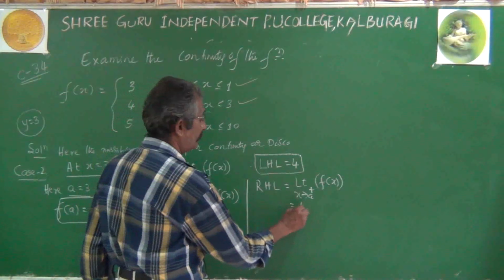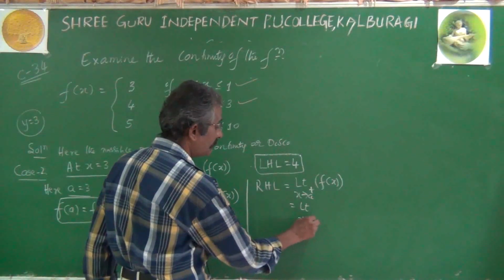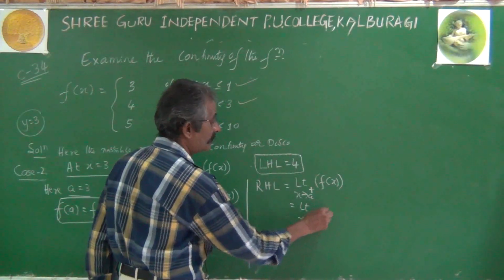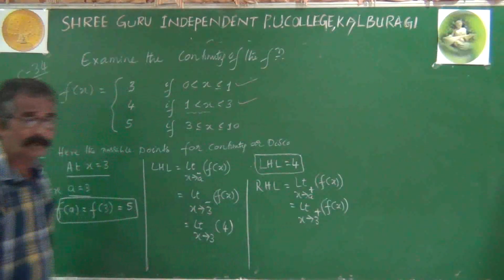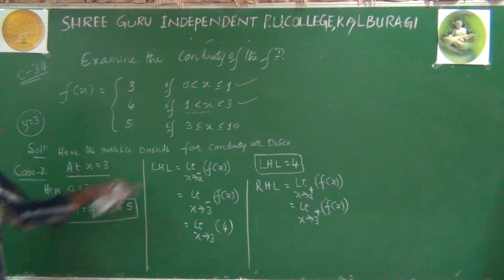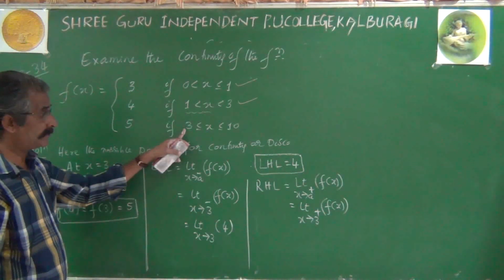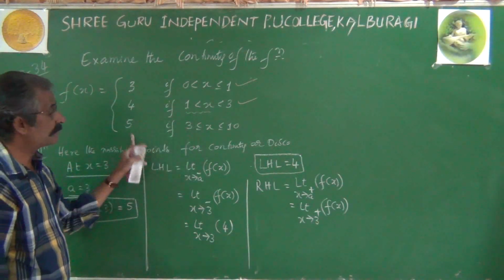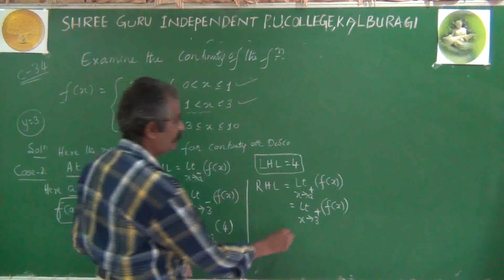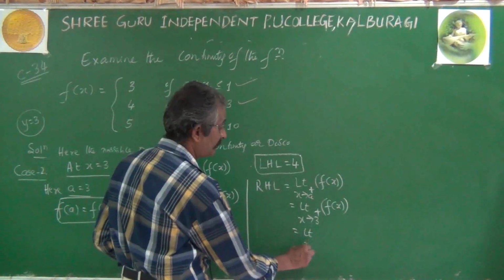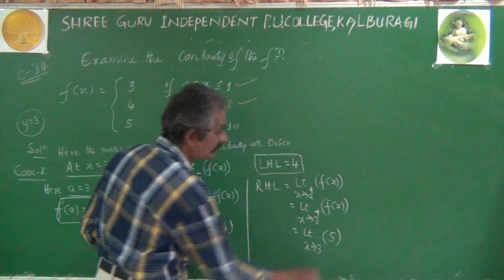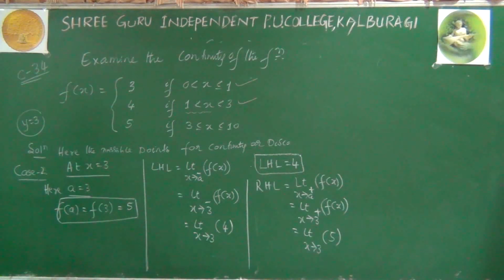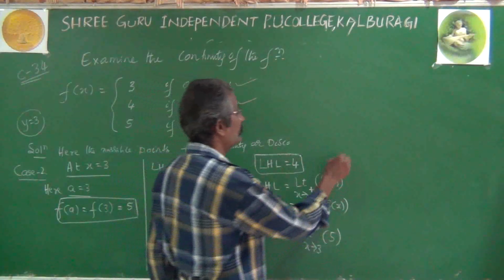That is limit x tending to 3 plus of f of x. What is the meaning of 3 plus? More than 3. Here we can see x more than 3. When x is more than 3, the function value is 5. That is limit x tending to 3 of 5. Further, the limit of a constant is equal to 5. Hence, right hand limit is equal to 5.